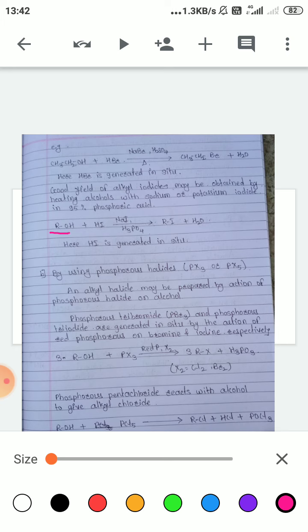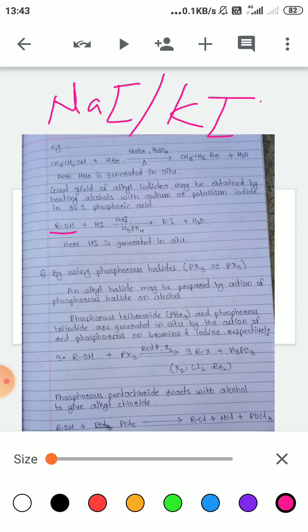We can use either sodium iodide or potassium iodide in phosphoric acid, H3PO4.